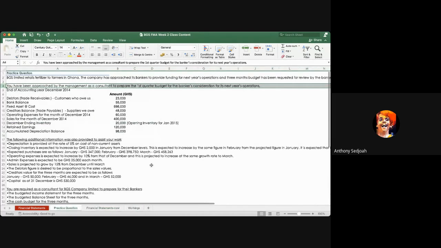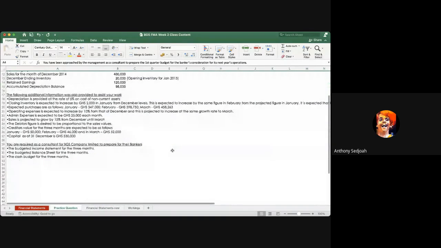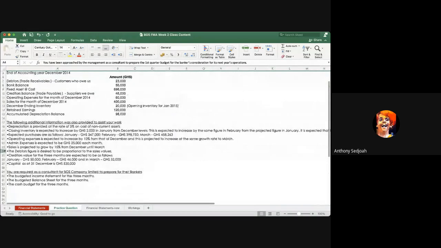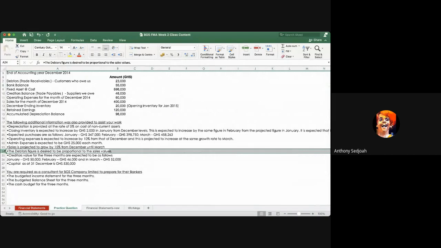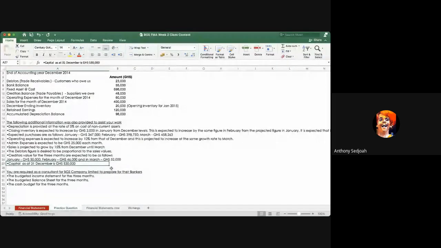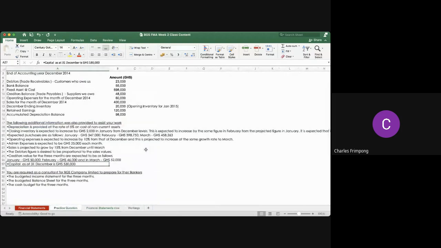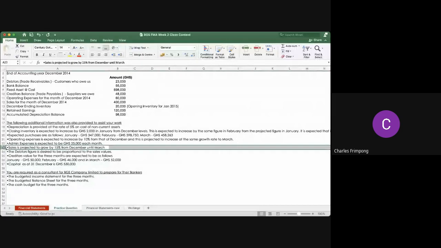I don't think there's any other thing that caused an inflow of cash in the equation. Is there any other thing like that? We didn't sell any assets, right? Priscilla, did we sell any assets? There is something in the footnote: it says it's projected to grow by 50% from December until March.